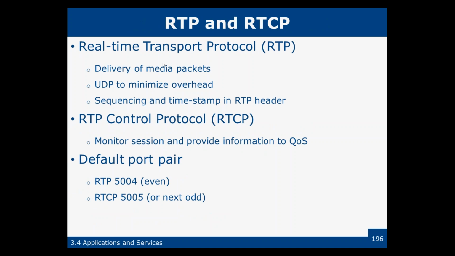Real-time Transport Protocol delivers the media packets. It uses UDP to minimize overhead, with sequencing and timestamps. It does a lot of the functions that we would expect TCP to do, because this protocol does the sequencing and the timestamping, and checks whether we get everything.